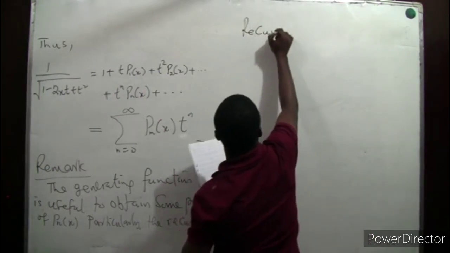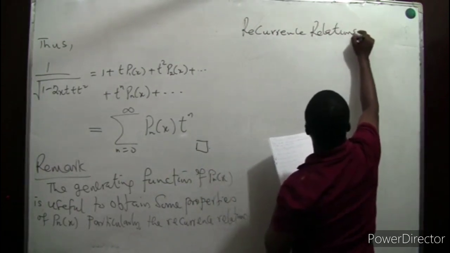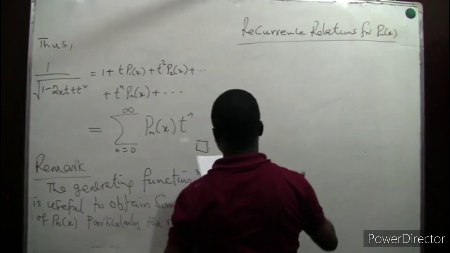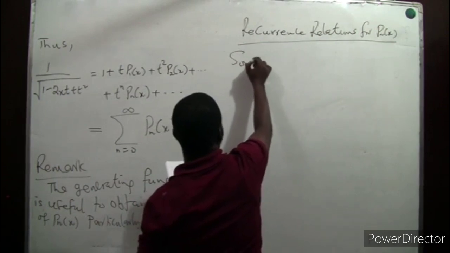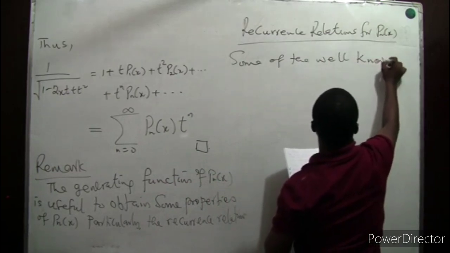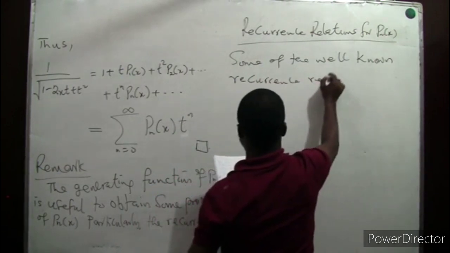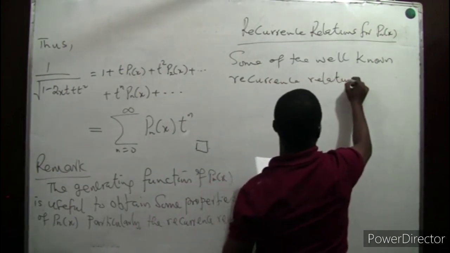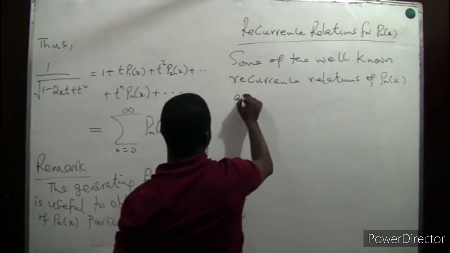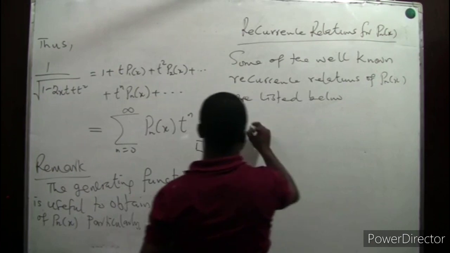Recurrence relations for Pn of x. Some of the well-known recurrence relations of Pn of x are listed below. 1.